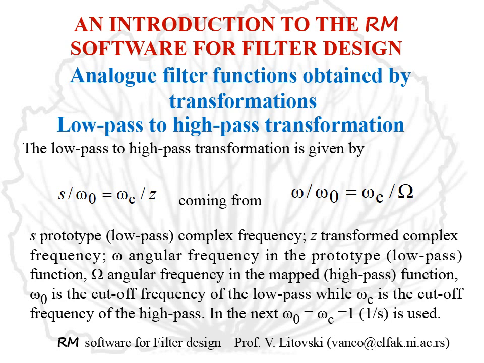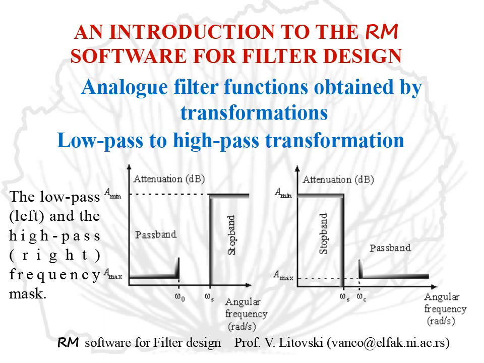So simply where S is seen, 1 over S is substituted. Here is the mapping. Again, the minimum stopband attenuation and maximum passband attenuation are not affected. The width of the transition region is again indirectly controlled.